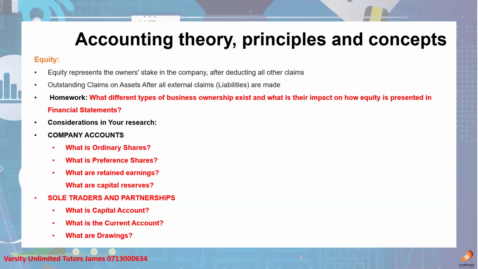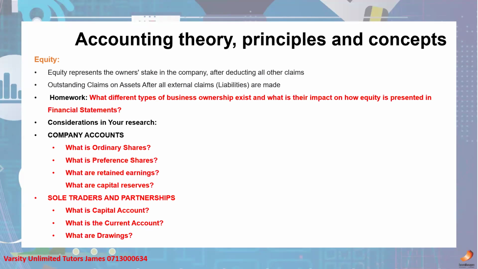One way is to think about the money that was invested by the owner of the business into the business. If I want to start a business right now and I have 300,000 Rand and I say I want to put 300,000 Rand into a shoe manufacturing business, the 300,000 Rand that I have put into the shoe manufacturing business is what we call equity. So that's one way of looking at equity from a layman's point of view.